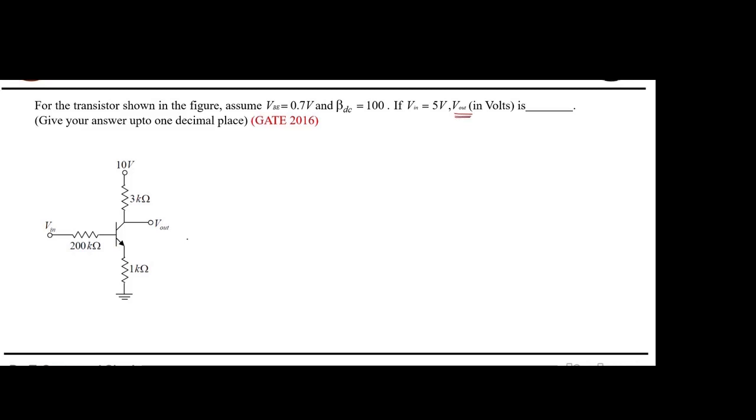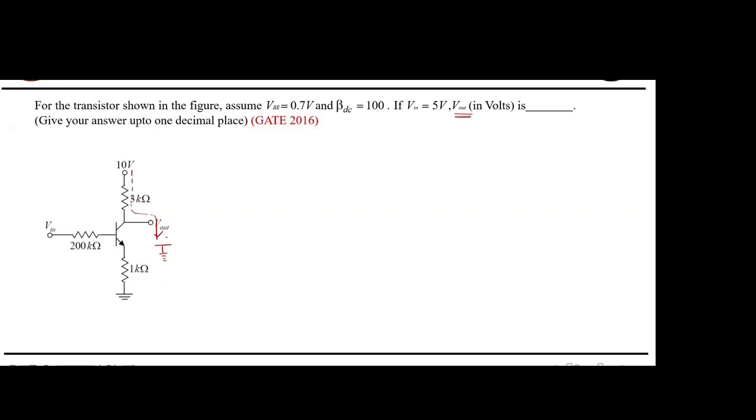Yes. So how do you solve this? See, I can take a loop here because V output will be measured with respect to the ground. Yes or no?